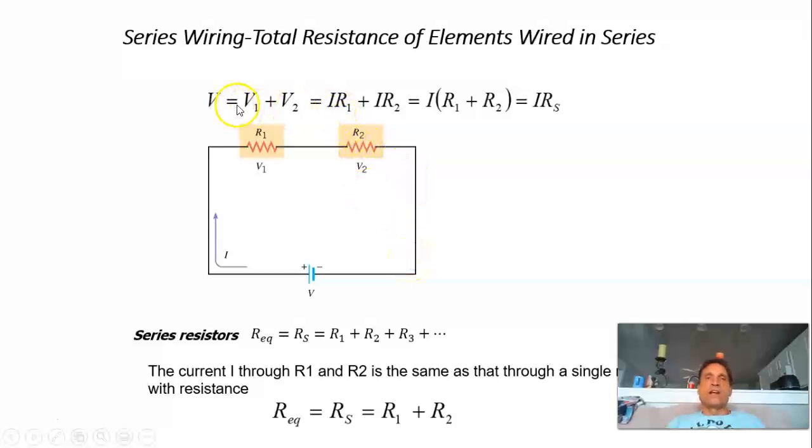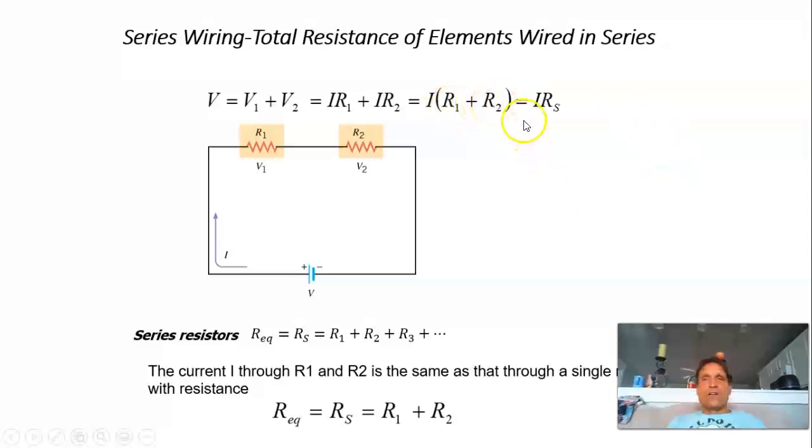Now we can write the potential difference across resistor 1 as IR1, and across resistor 2 as IR2. Current is the same through both, so we can factor this, and it is equal to I times (R1 plus R2).